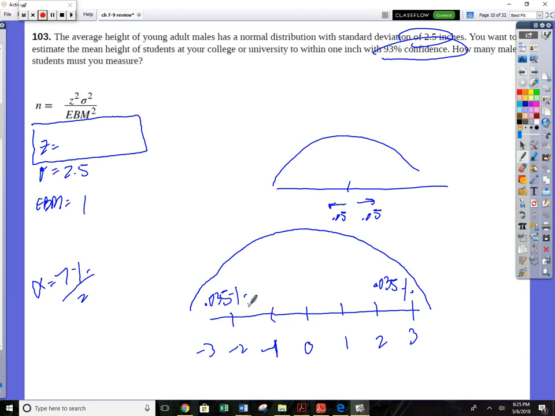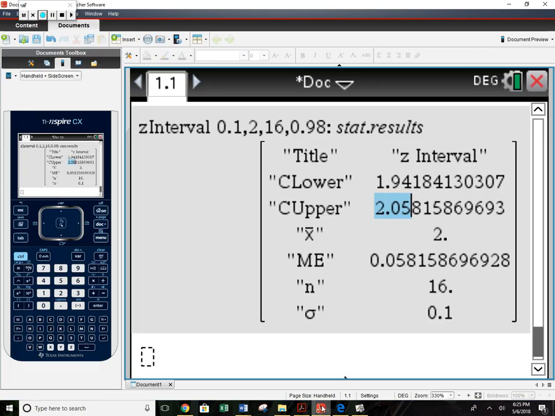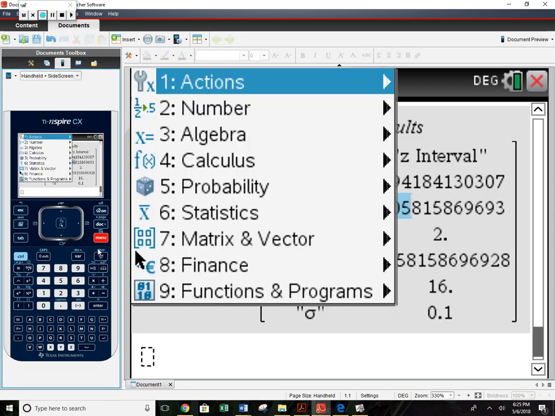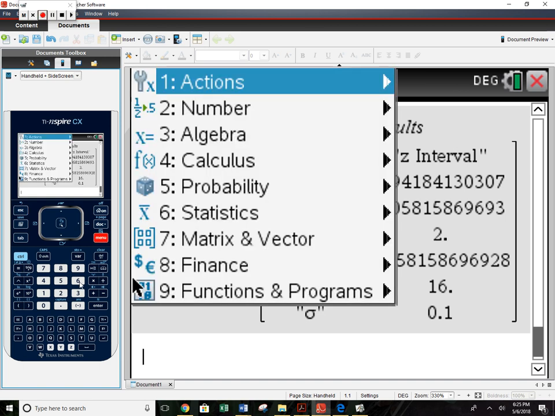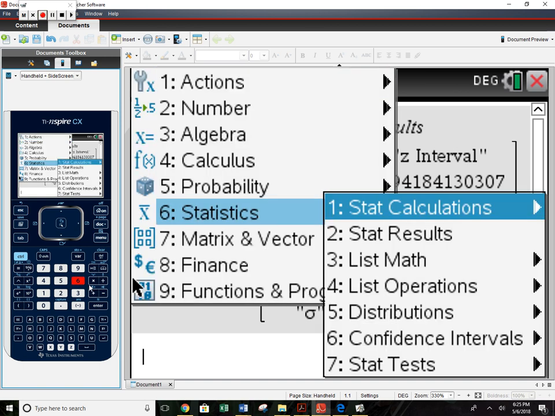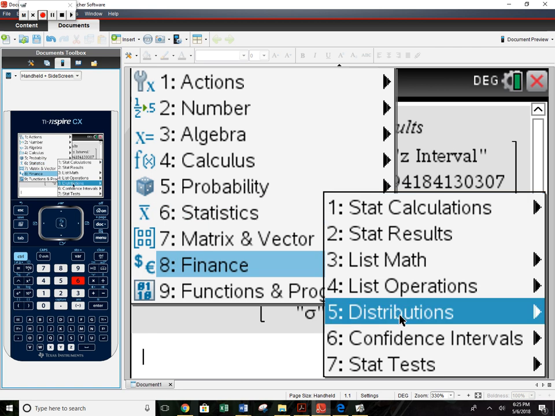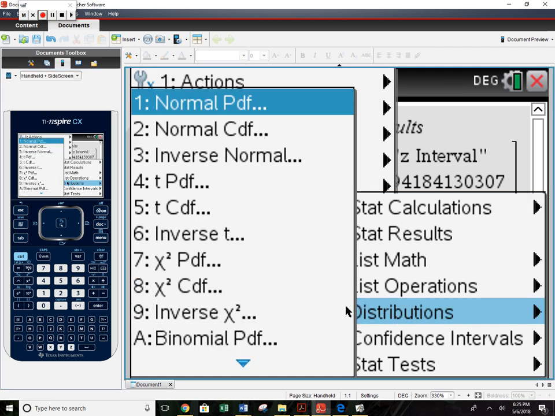So we're going to use the calculator to tell us that. I'm interested in 0.035, because I know the left tail has 3.5% and the right tail has 3.5%. So here we go. We're going to go menu 6, and do a distribution to find z-scores.